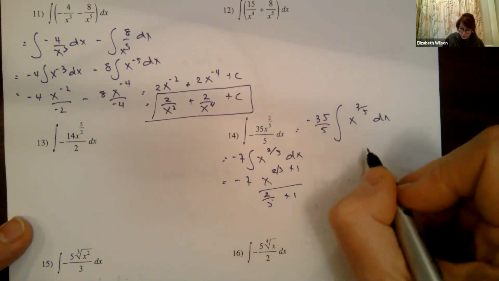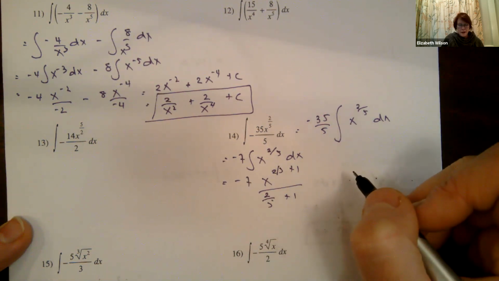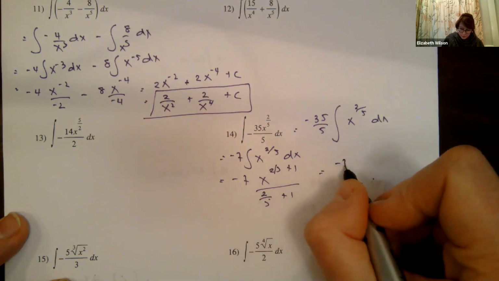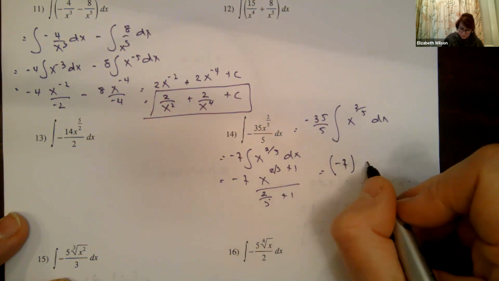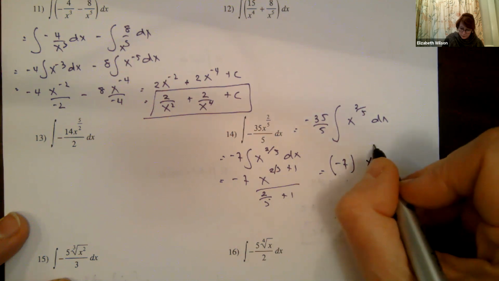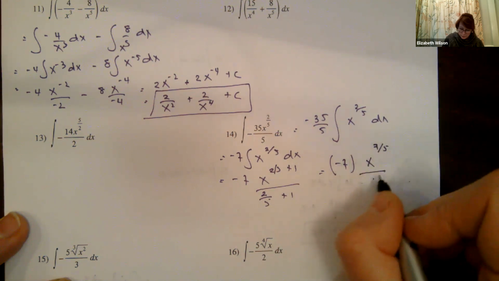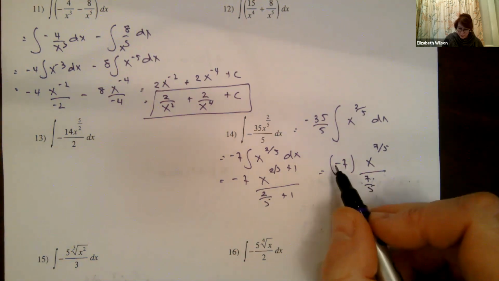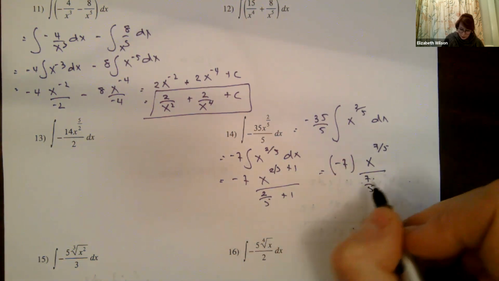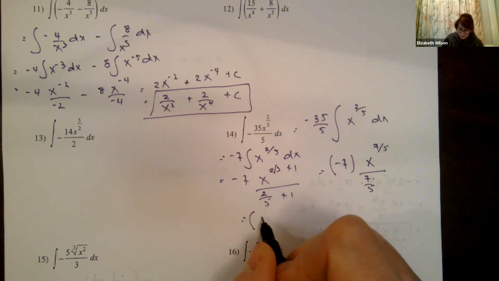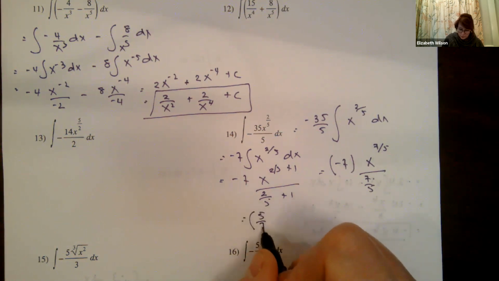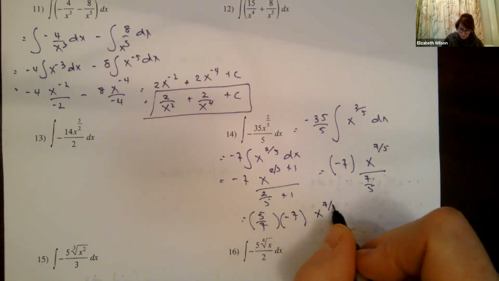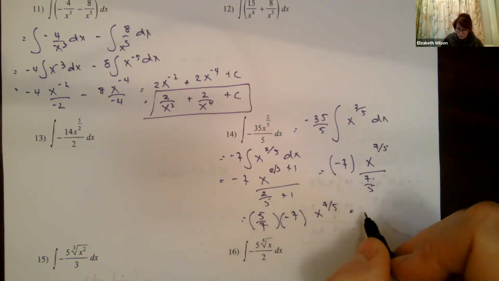So 2/5 plus 1. 1 is 5/5, so 2/5 plus 5/5. And when I want to divide by a fraction, it's like multiplying by its reciprocal. So this becomes, right, the 7s cancel.